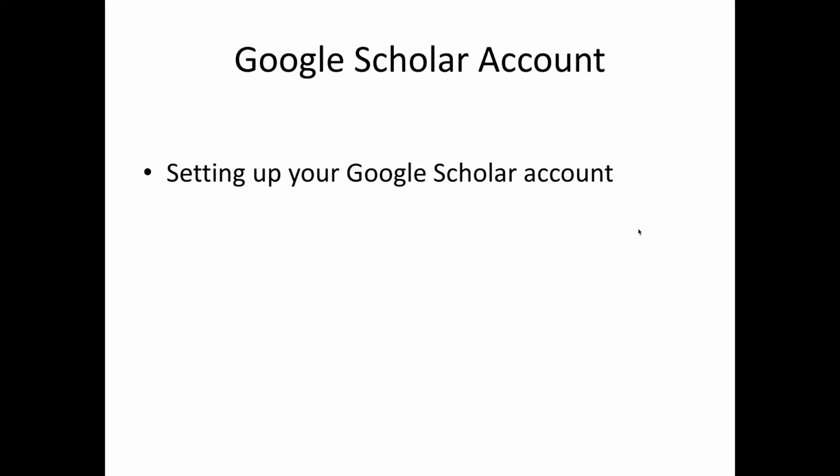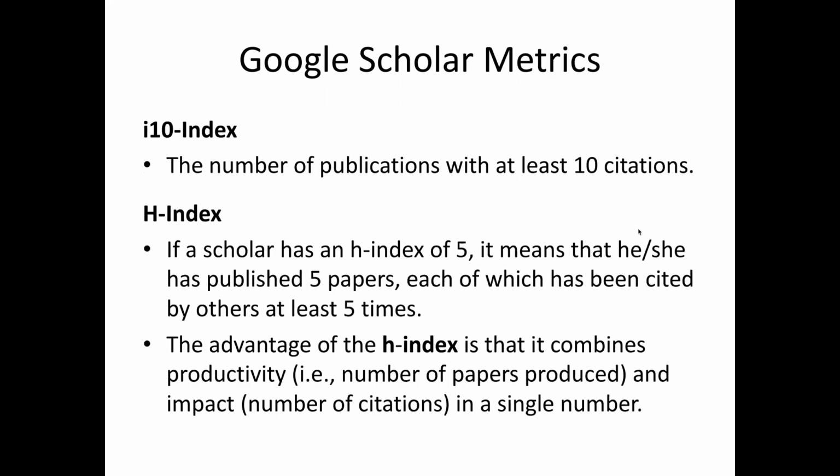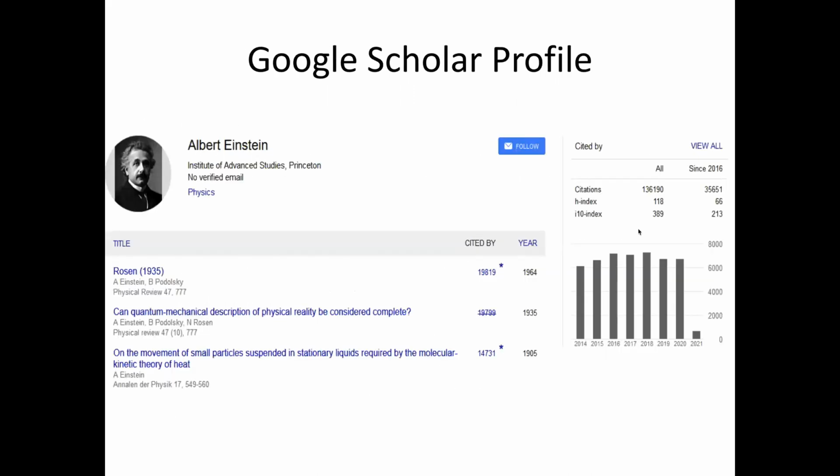So we want to look at how you go about setting up your Google Scholar account. But remember what we are talking about, Albert Einstein having an H index of 118. If Albert Einstein has an H index of 118, it means that he has published 118 papers which were each cited at least 118 times.